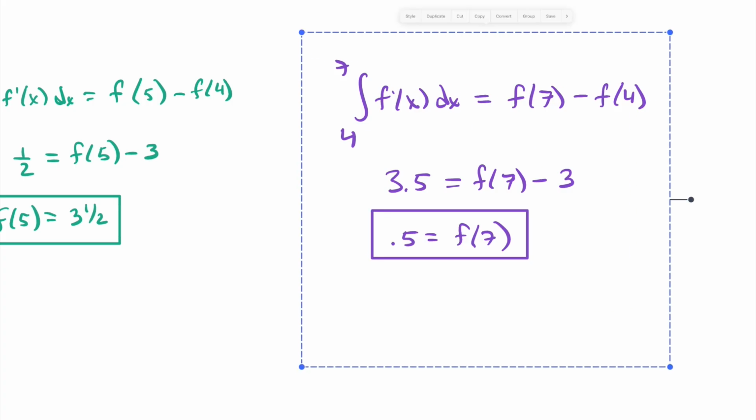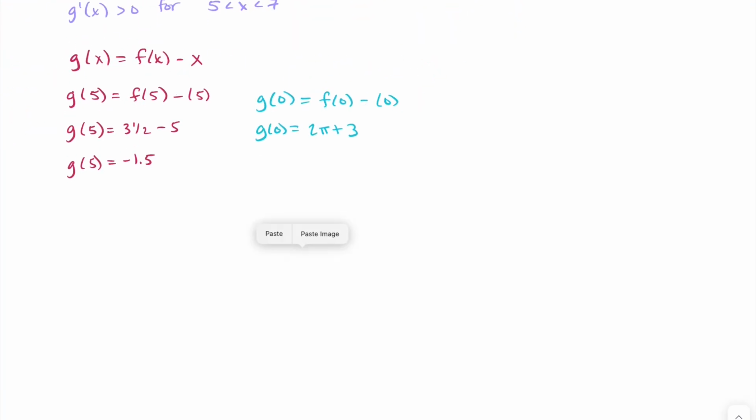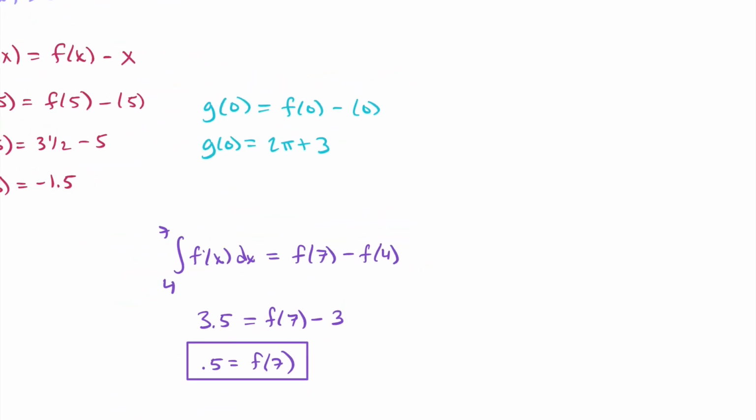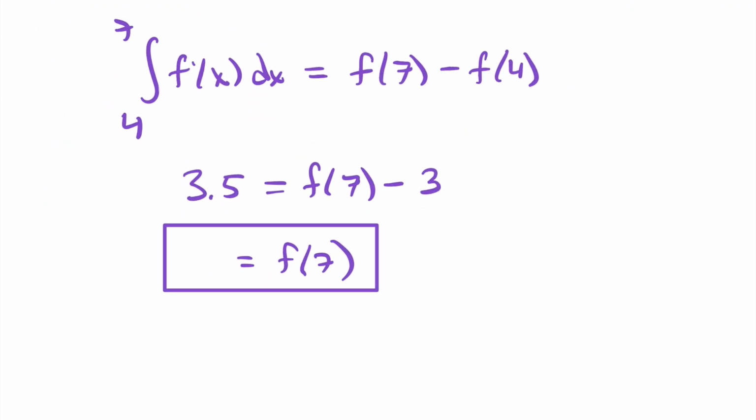Just for the heck of it, I'll copy this and bring it down here for us, so that information would be needed. So I'm going to say g of 7 equals f of 7 minus 7. G of 7 is equal to 0.5 take away... I messed something up here. Oh, my bad. If you add 3 to both sides, you get 6.5.